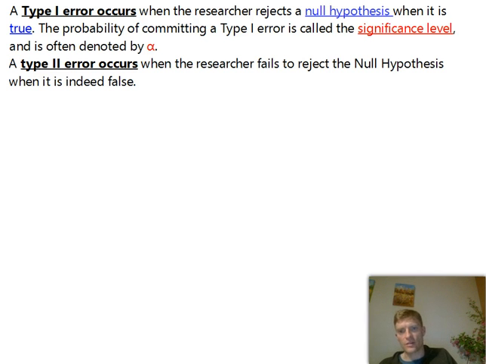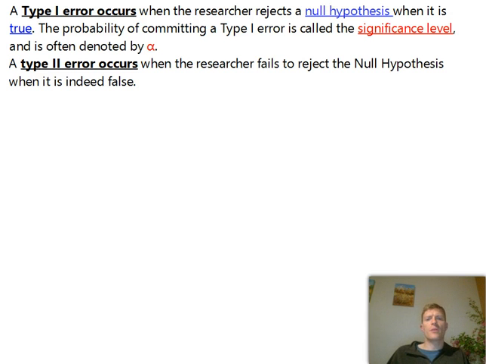Well, if he does that when the null hypothesis is actually true and the statistics weren't able to demonstrate that, then that's the situation of a type 1 error.